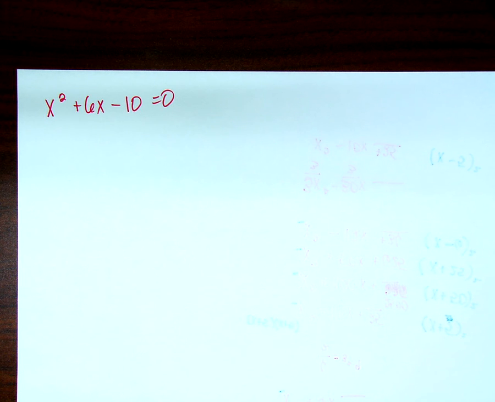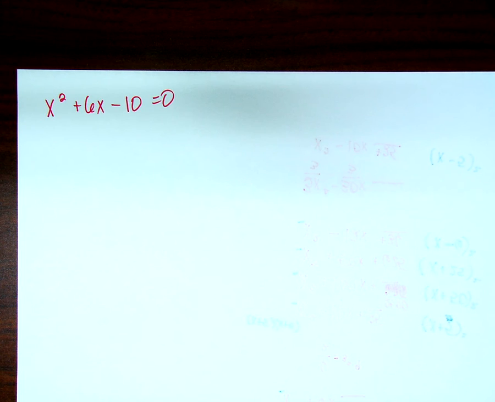Most people, when they see this problem, the very first thing that they want to try is factoring, right? Factoring seems like this would be so easy. So tell me what numbers multiply to be negative 10 and add to be 6. Uh-oh. There's not any, are there?